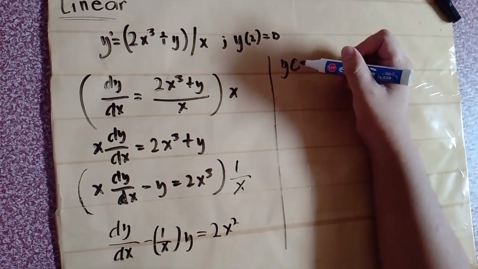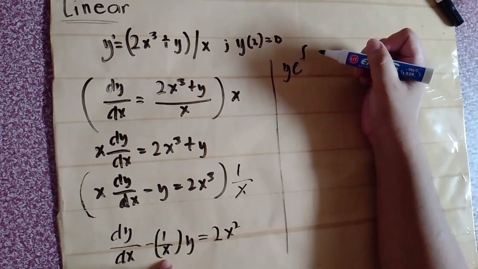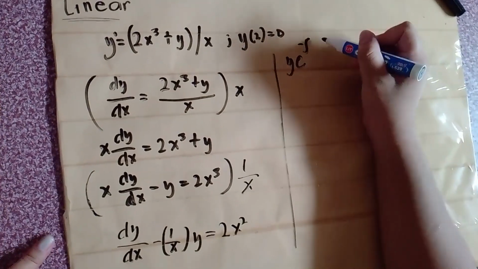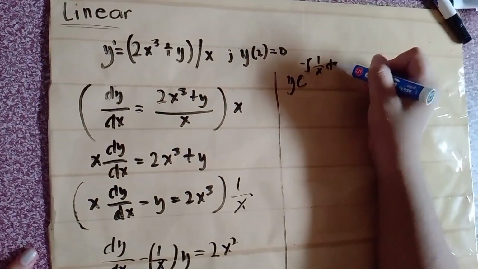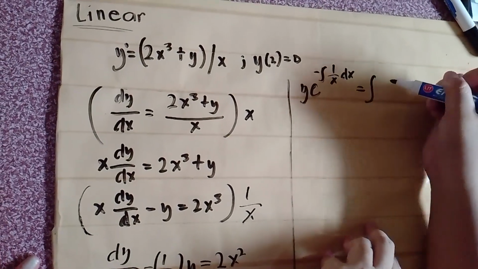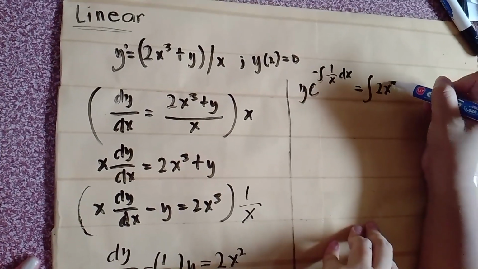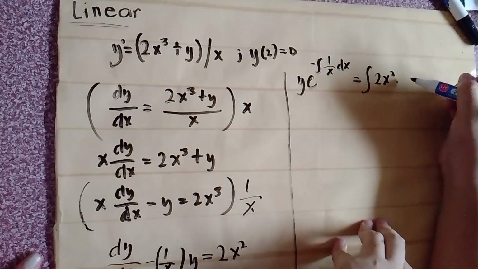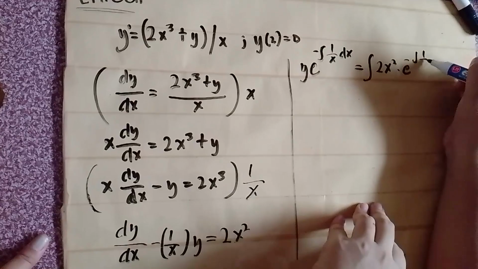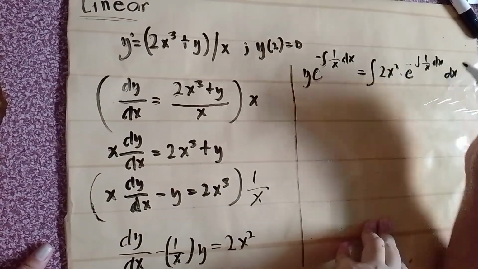So exponential raised to the integral of p of x, since our p of x is negative 1 over x, 1 over x dx, is equal to the integral of our q of x, which is 2x squared, times the exponential e raised to the integral of negative 1 over x dx, dx.